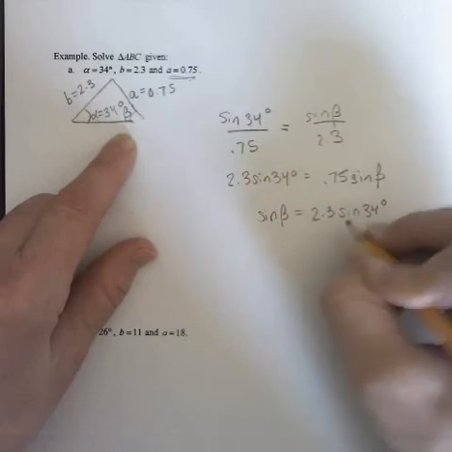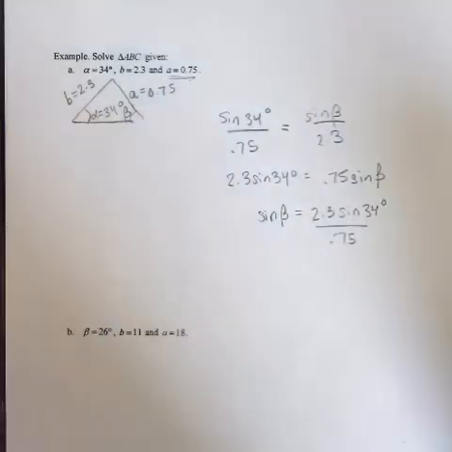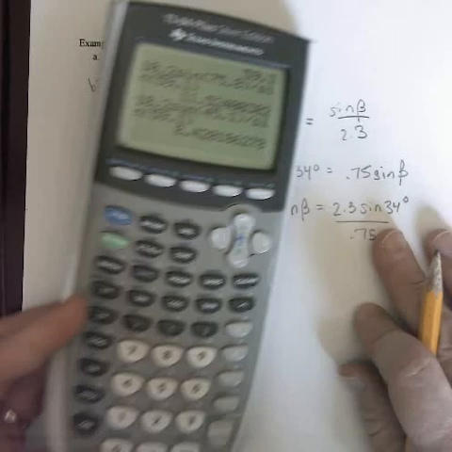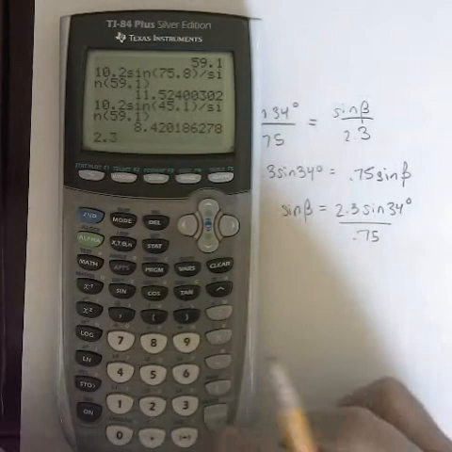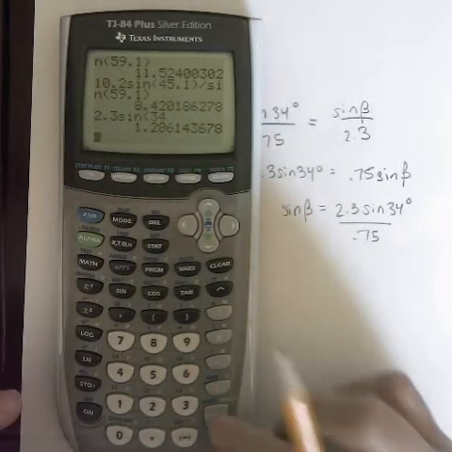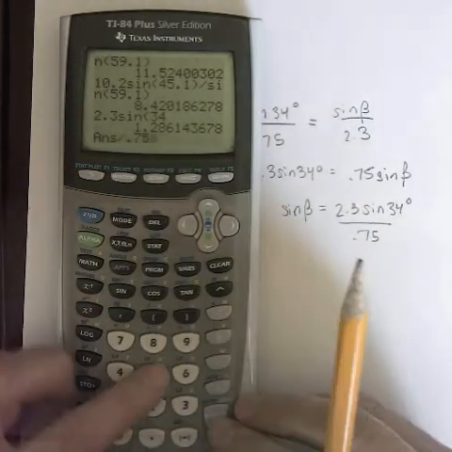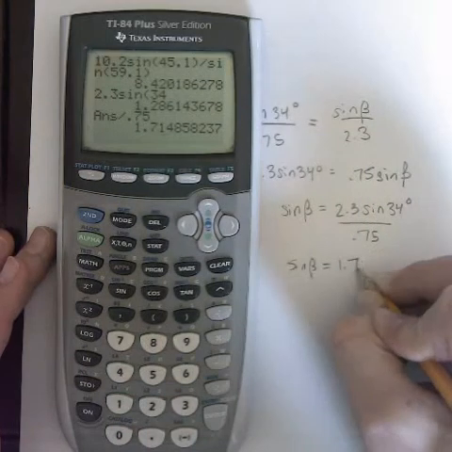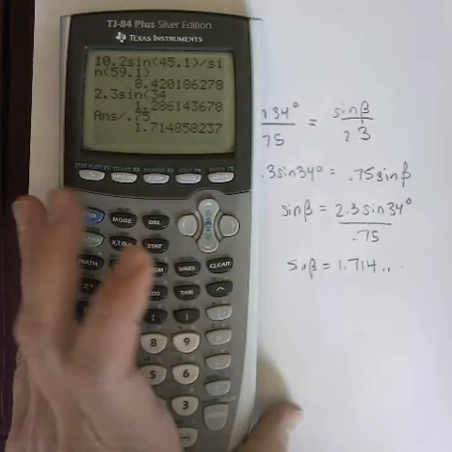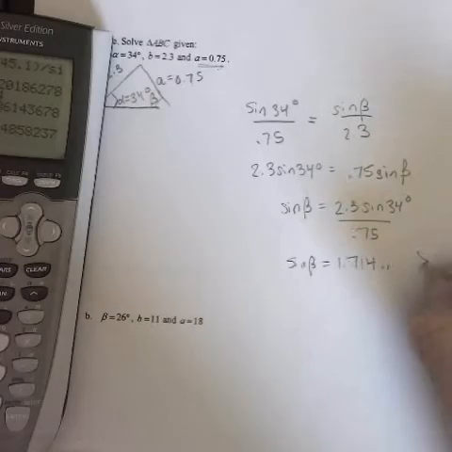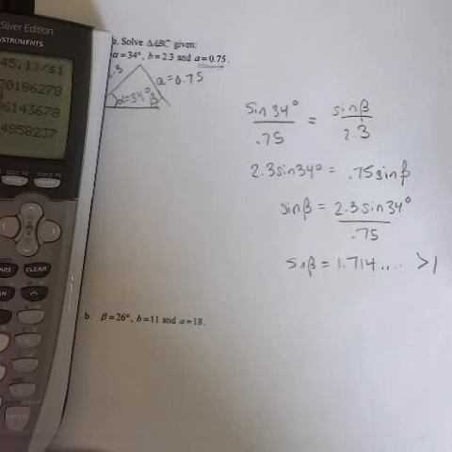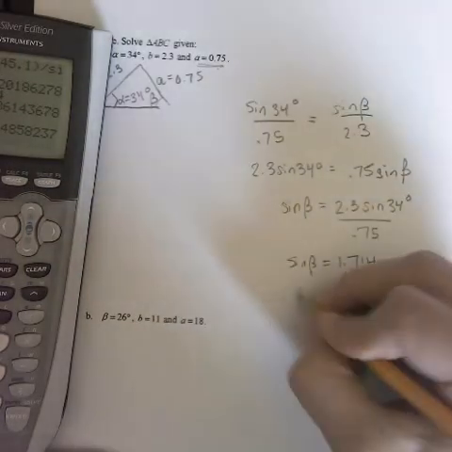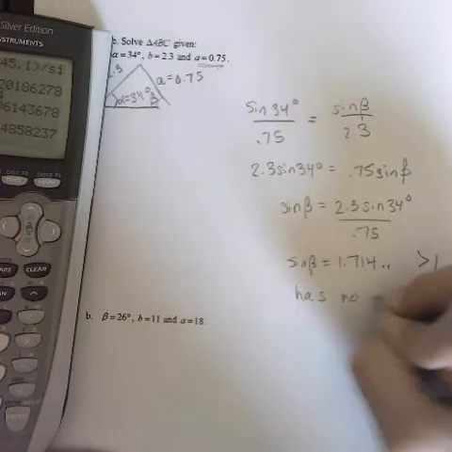So put that in the calculator again, make sure that's in degrees. 2.3 sine of 34 divided by 0.75. Okay, so we get this decimal number, and notice that's bigger than 1. So you should know that the range of sine is between -1 and 1, and that has no solution. So the mathematics supports the fact that what we were seeing, this looked like it's probably going to be too short.